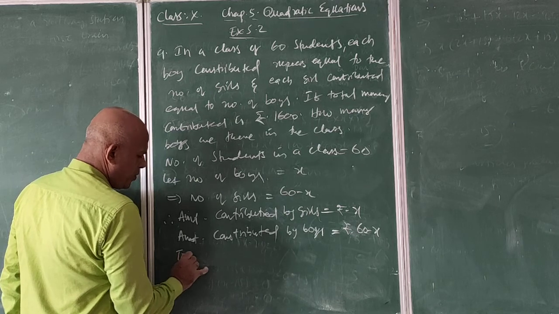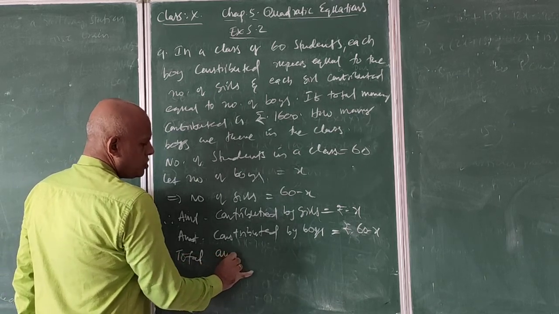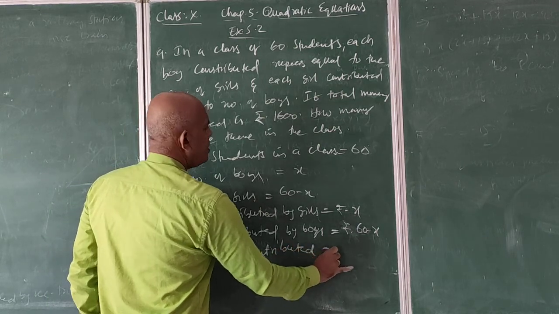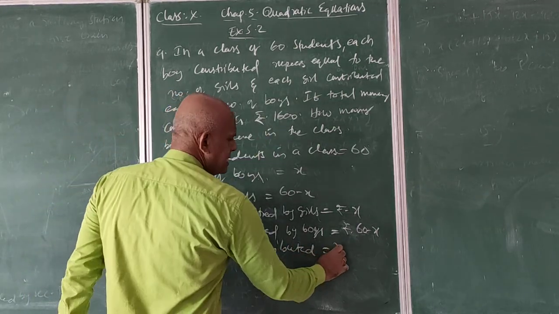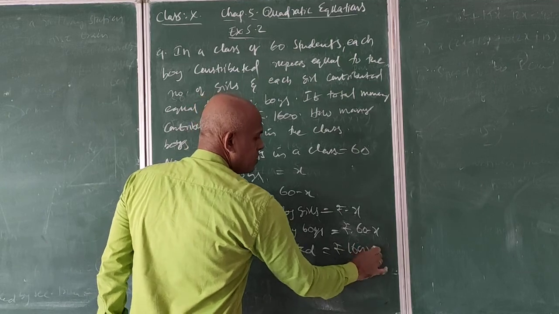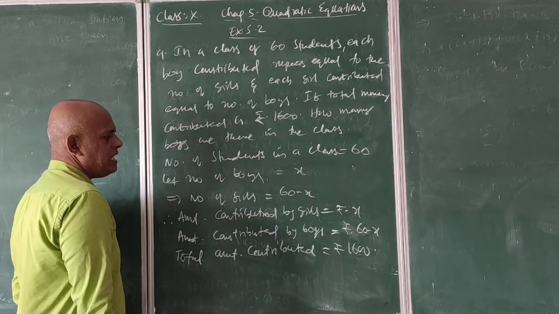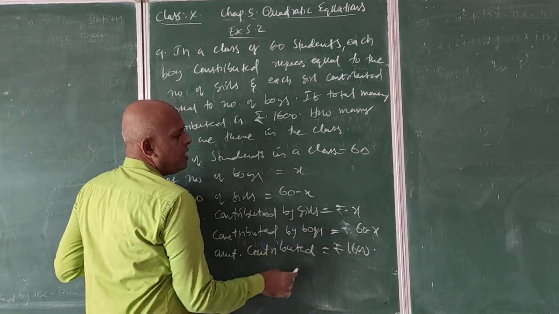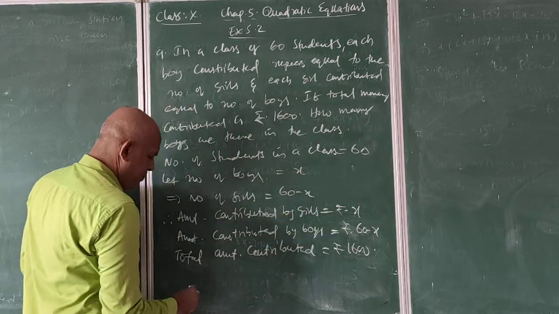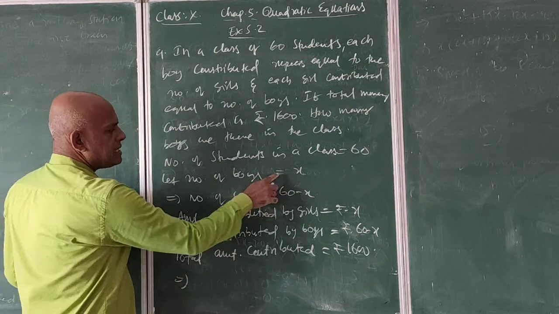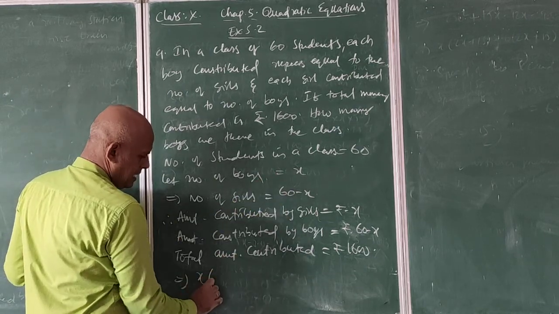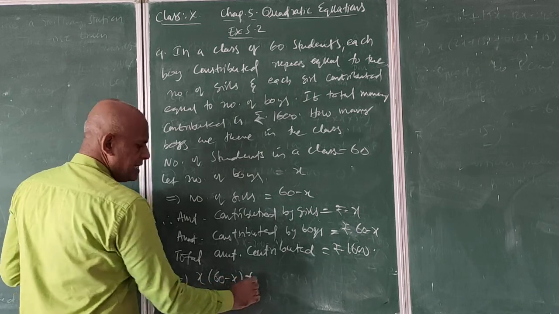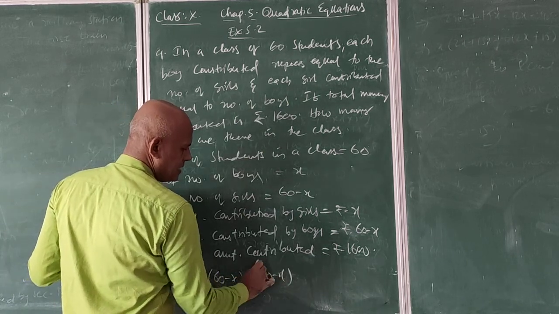The total amount contributed is equal to rupees 1600. Means number of boys into the amount collected by them, plus number of girls into the amount contributed by them, which implies x into 60 minus x plus 60 minus x into x.